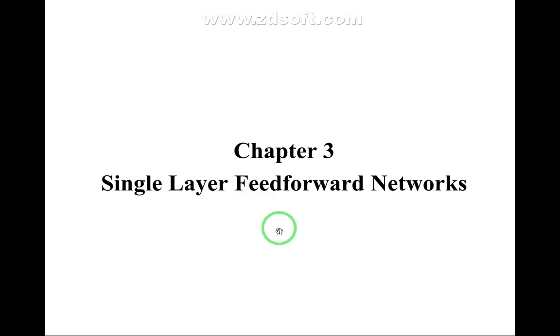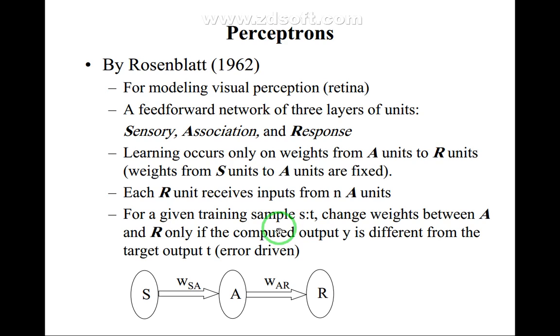Single layer feed forward networks. As we said, this was by Rosenblatt for modeling visual perception. A feed forward network of 3-layer units. This is a feed forward. Of course, the single layer perceptron is a feed forward network, and as you can see, this is a feed forward network.